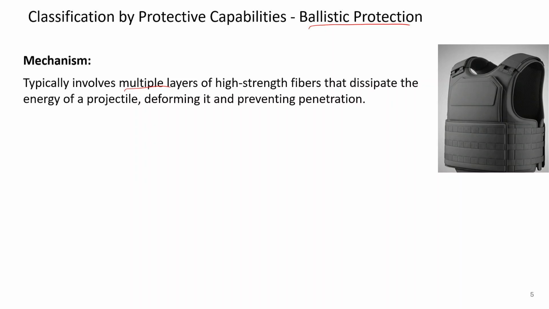To stop the bullet or a large particle or fragment, we need multiple layers of high strength fiber. If you see, there are multiple layers of high strength fiber fabrics. These are used to dissipate the energy.